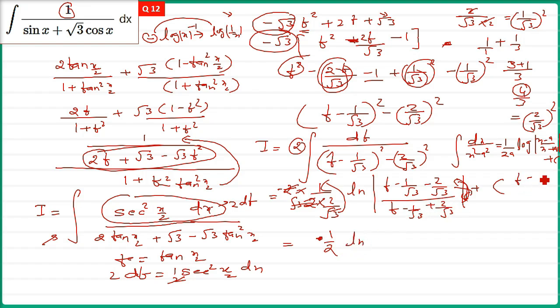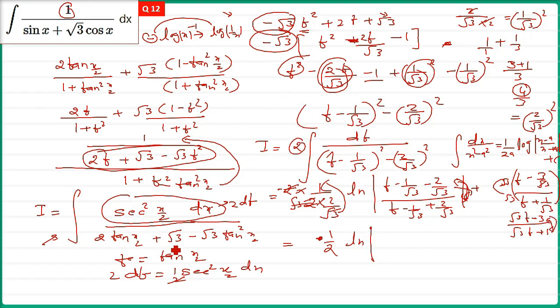So t minus, this is negative 3 by root 3, and in the denominator it will be t, 2 minus 1 is 1, so 1 by root 3. Now you can just multiply root 3 in numerator and denominator, or you can take root 3 outside, that's the same thing. So root 3t minus 3, root 3t plus 1. This goes up, this goes down, because negative has been taken inside.